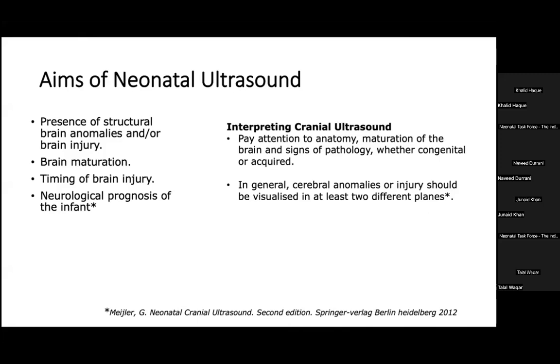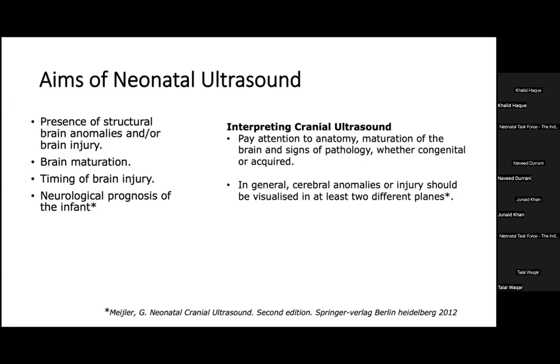The aims of ultrasound in the NICU are basically three: to see the presence of structures, brain anomalies or brain injuries; to look for brain maturation, timing of brain injury; and the neurological prognosis of the infant in terms of ultrasound.